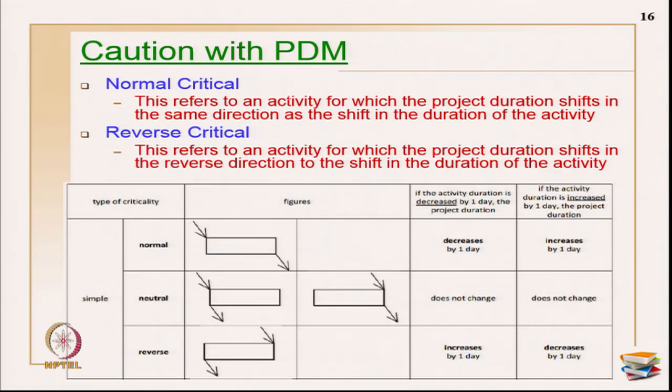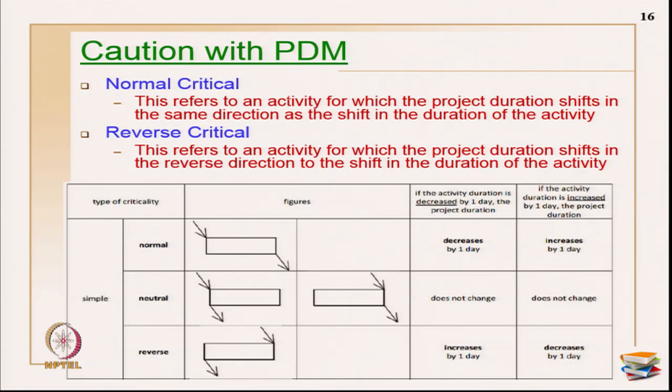Okay. Normal critical, you know what it is. Suppose I have a critical path, and for one of the activities in the critical path, if I am exceeding the duration, the project duration will increase by 1 day. Suppose I take one activity in the critical path and decrease its duration, the entire critical path will have a 1 day decrease in duration.